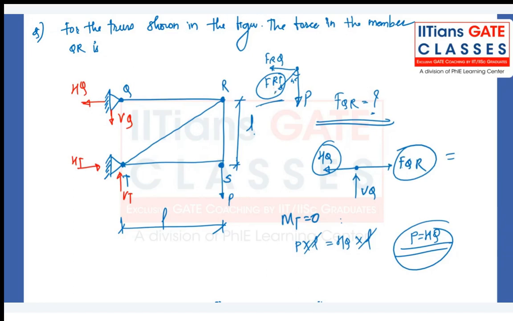Let's say it is at 45 degrees, so you're saying tan of 45 is equal to 1, so this value has to be equal to 1.